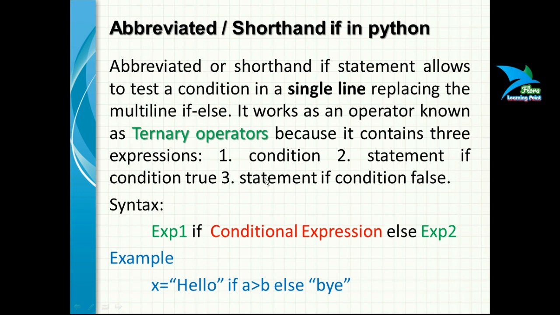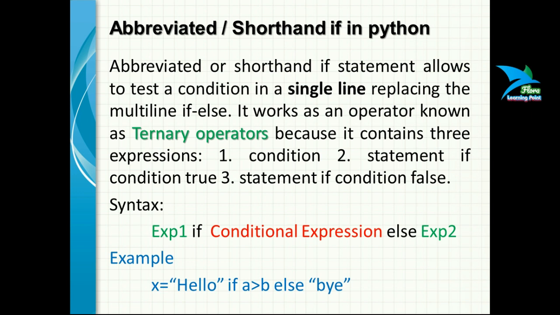As we discussed earlier in the chapter on operators and expressions, we have two categories. One is binary operators, the second one is unary operators. A unary operator makes use of a single operand, and a binary operator makes use of two operands.